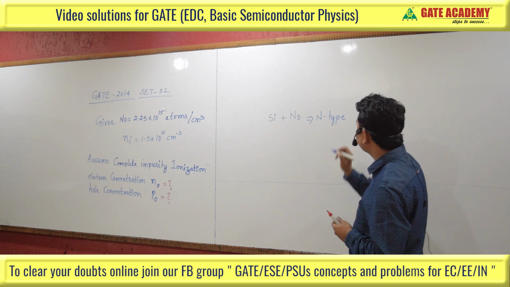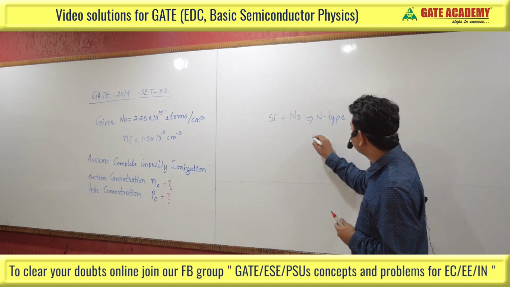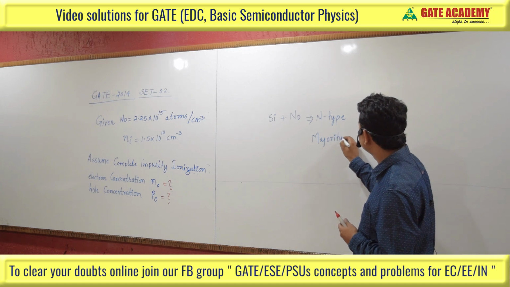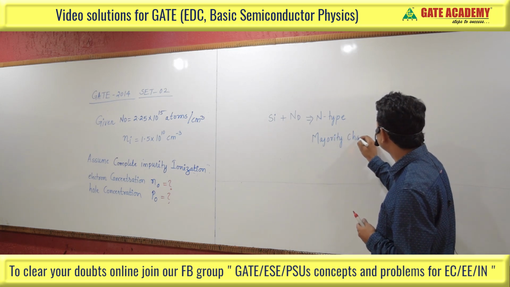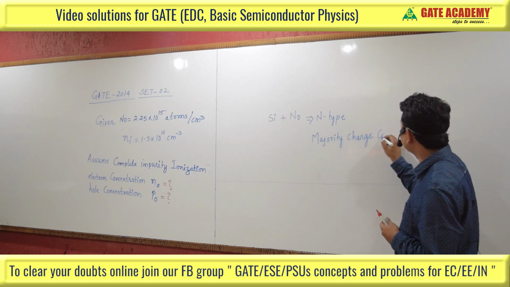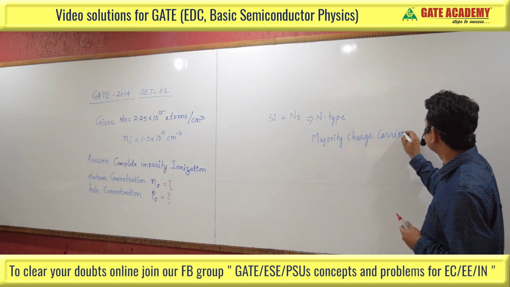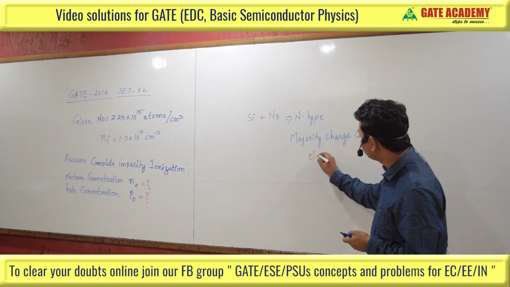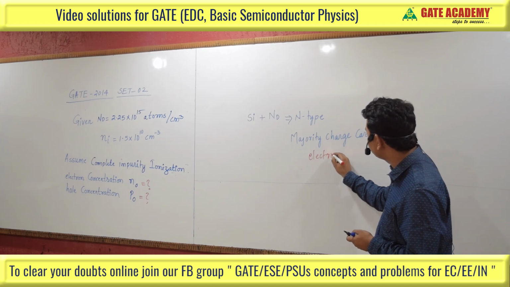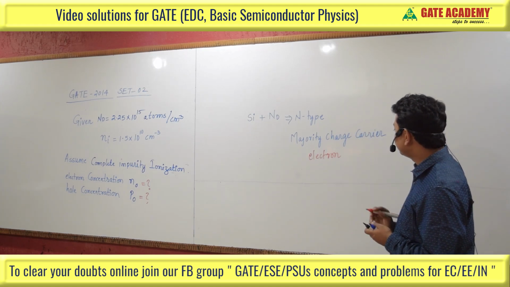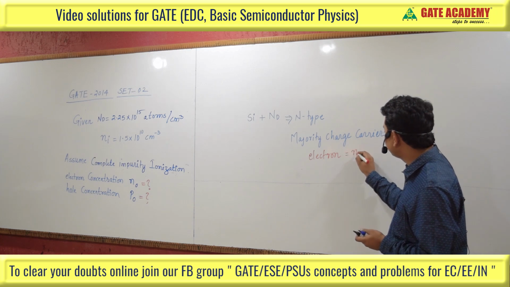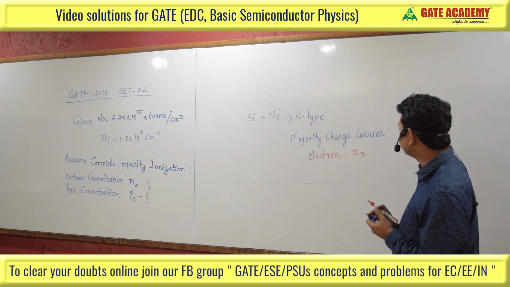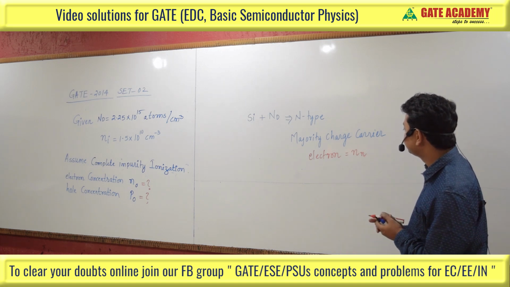In an N-type semiconductor bar, the majority charge carriers are nothing but the electrons. The electron is represented by n, and since it is an N-type semiconductor, it is given by n with subscript n.